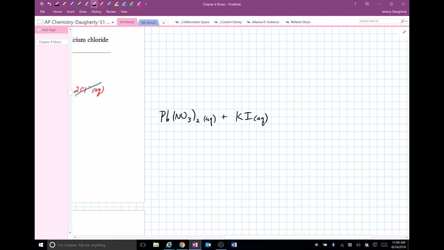Okay, so take that, and write the equation, so the complete molecular equation, then write the net ionic equation. And we'll compare answers.